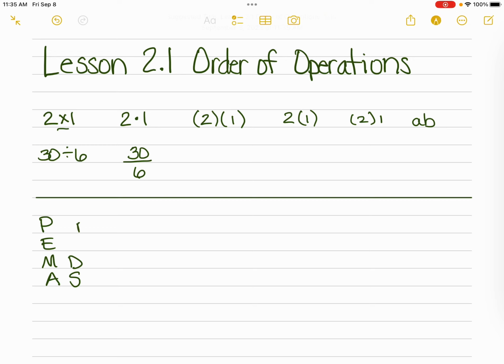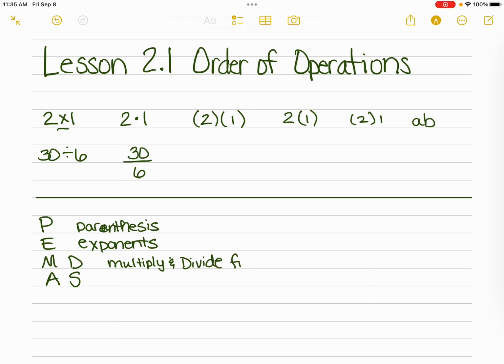So the P stands for parentheses. Okay, and then the E stands for exponents. Okay, the M and the D stand for multiply and divide. And this is where most kids get this wrong, is it's multiply and divide from left to right.